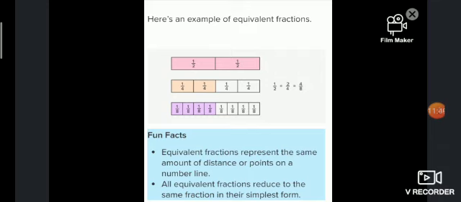Fun fact: equivalent fractions represent the same amount or point on a number line. All equivalent fractions reduce to the same fraction in their smallest form.